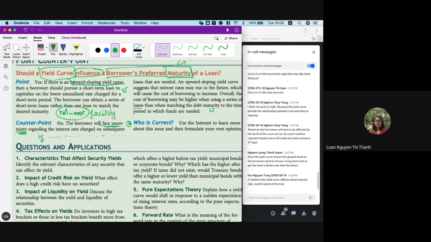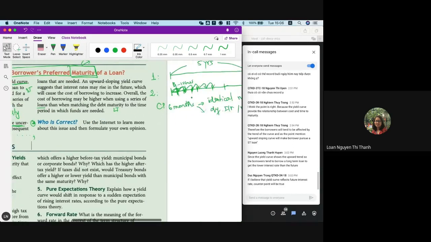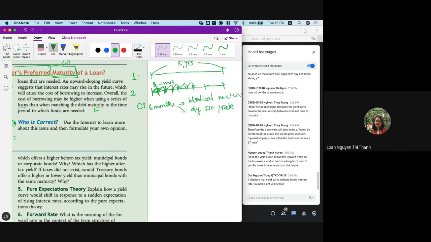you believe the market expectation is correct, with an upward sloping yield curve, it's better for the borrower to select long-term loans rather than a series of short-term loans, rather than a series of 6-month commercial paper or 1-year notes.